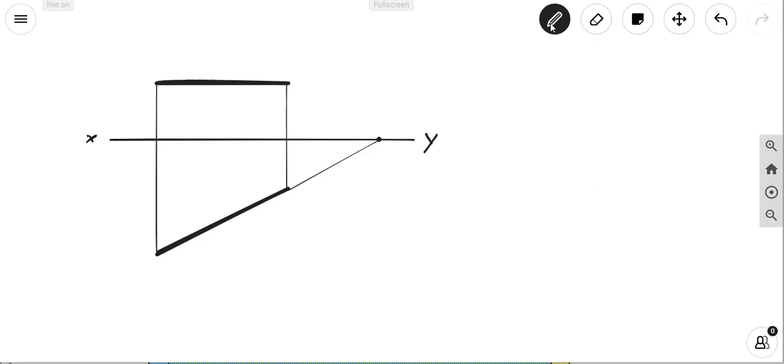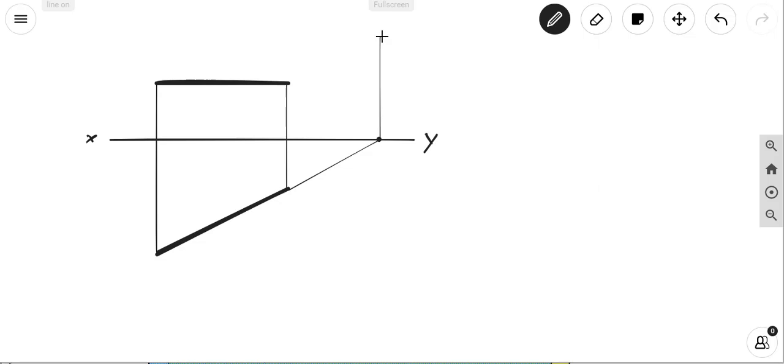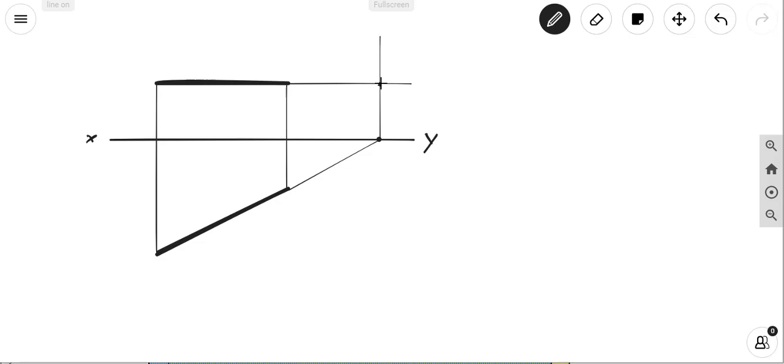Now in order to draw the projection of the vertical trace, you just project upwards from this point and project sidewards from this line. The point of intersection here will give you the location of the vertical trace.